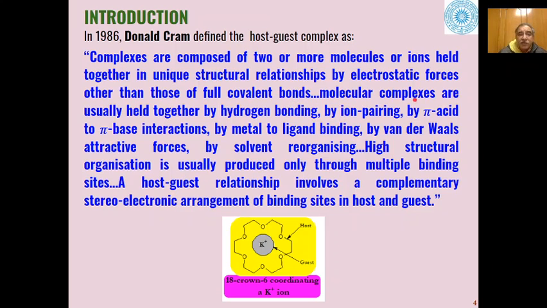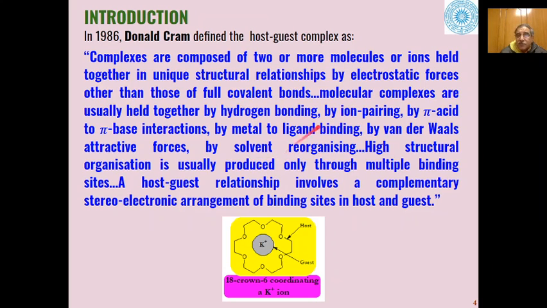These molecular complexes are usually held together by hydrogen bonding. So that binding or complexation may be by hydrogen bonding, by ion pairing, by pi acid or pi base interactions, by metal to ligand binding, by van der Waals attractive forces, or by solvent reorganization.